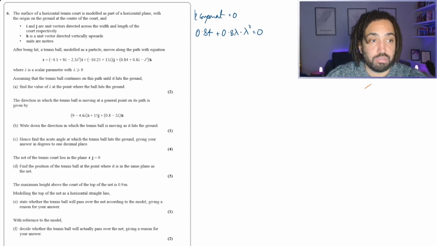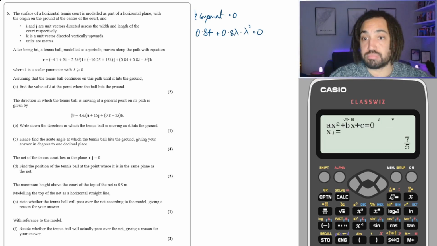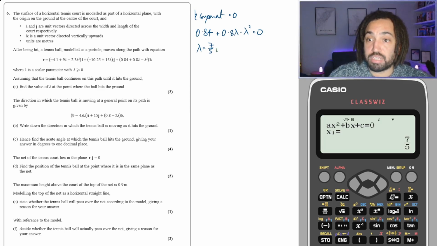Okay, so we would go to our calculator here and type in this quadratic, which is minus 1, 0.8 and 0.84, and we get that lambda is equal to 7/5, seeing as lambda has to be greater than 0. Perfect.